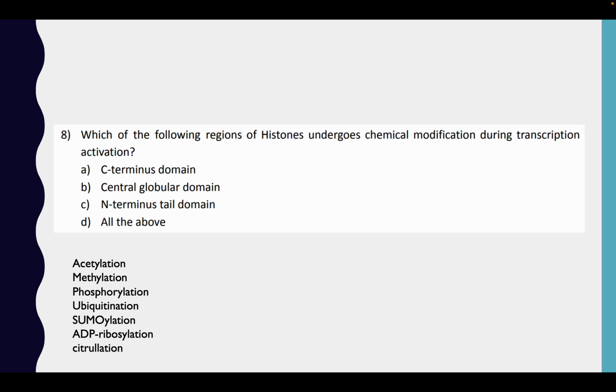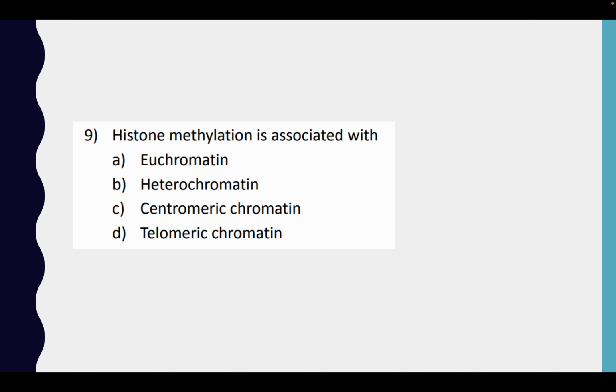So we were discussing the histone modifications. Most of the histone modifications occur at the N-terminus tail domain, and we were talking about different kinds of histone modifications. Coming to next, histone methylation is associated with which of the following?